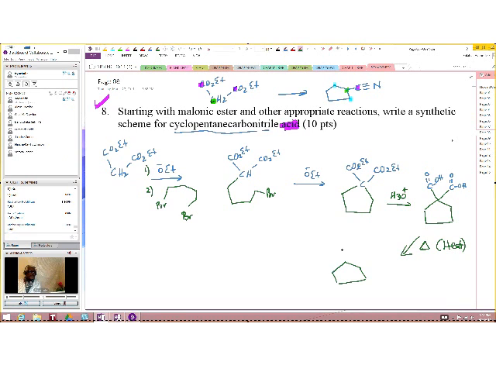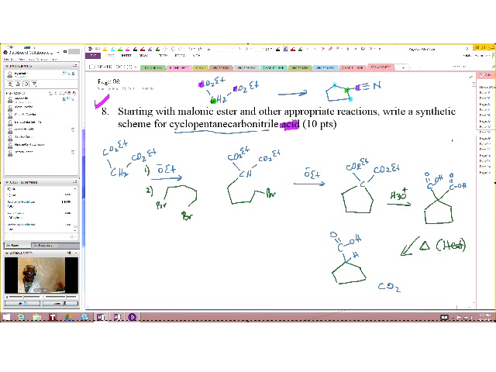Plus you now have your... and one of these hydrogens now will be here. Okay, because once you apply the heat, you lose carbon dioxide here, and this hydrogen here simply comes to here once your enolate ion is formed right here. Okay, so now plus carbon dioxide.